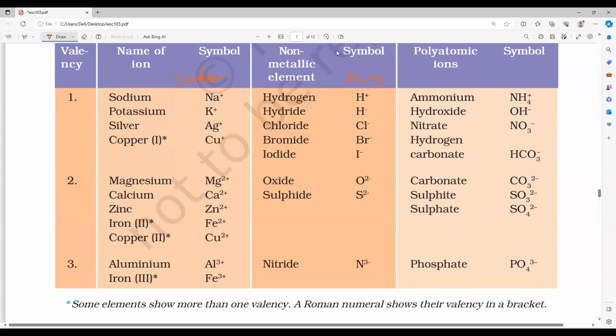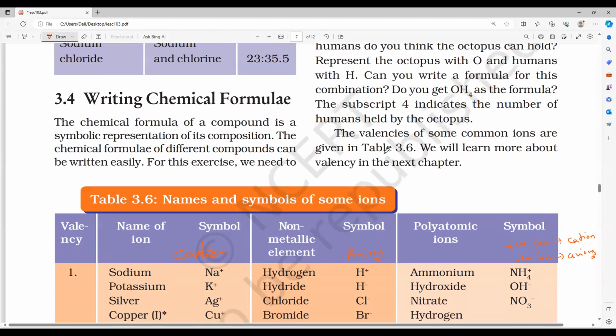So whatever it is, the positive ion we used to call a cation, and the negative ion we used to call an anion. As I taught you in yesterday's class, cations are formed by donating electrons or receiving electrons?